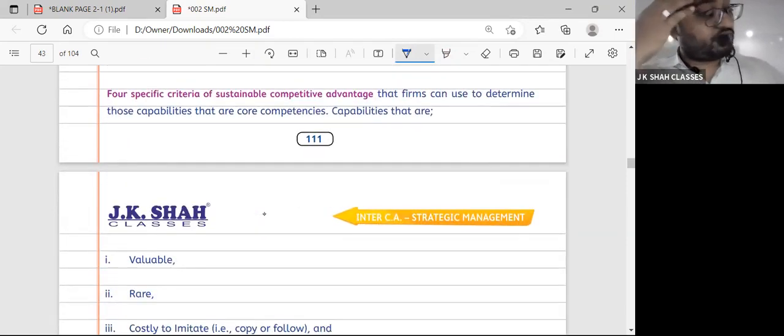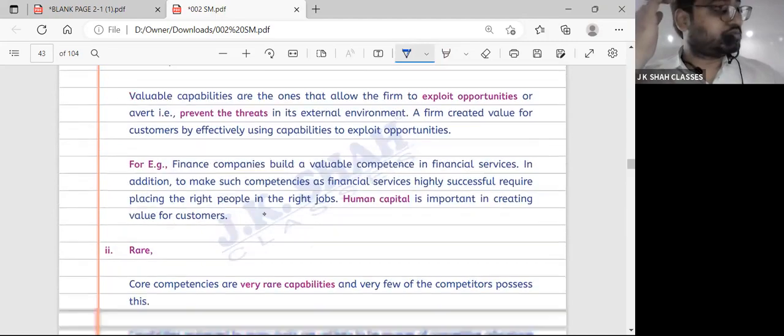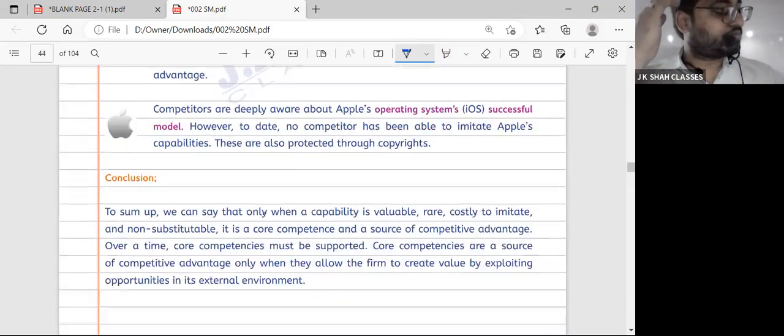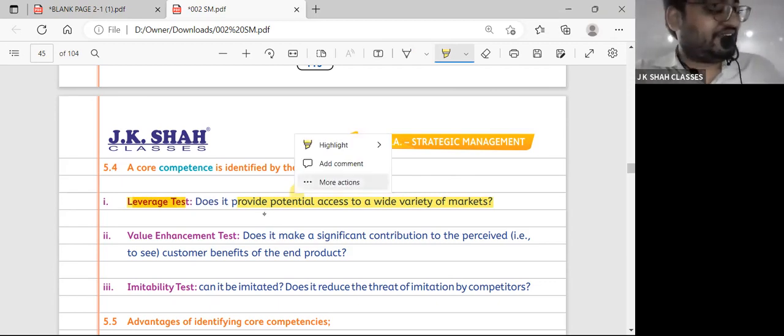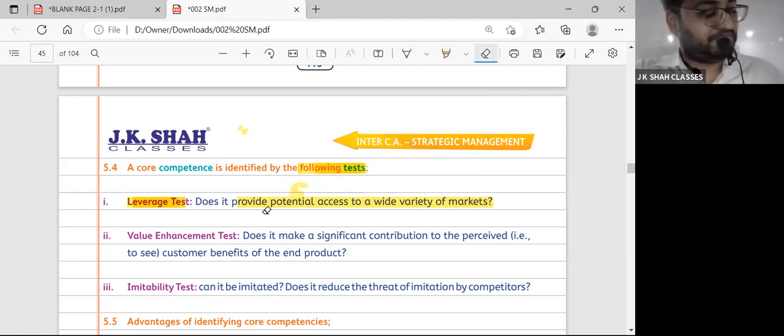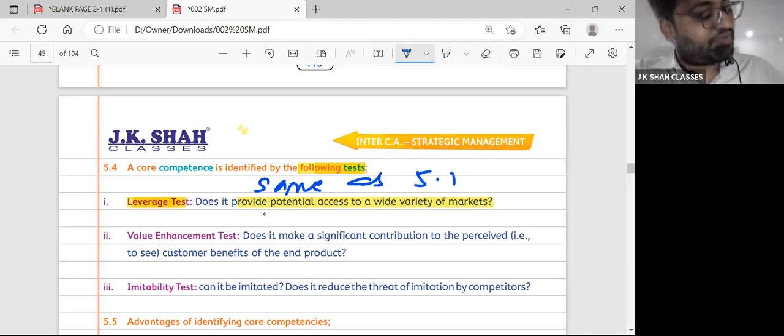Come to 5.4 first. Test. Leverage test. Do you know what is leverage test? Let's read this, you'll understand. You tell me now. Read. It provides a potential access to a wide variety of markets. Can I say this is same as 5.1.3?